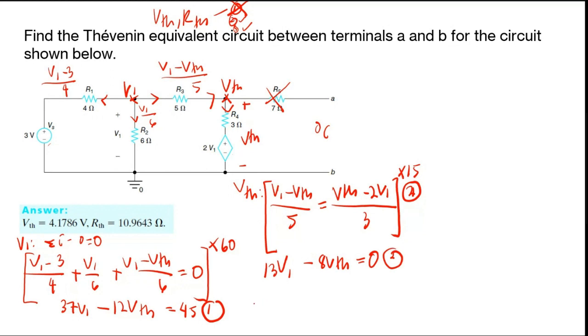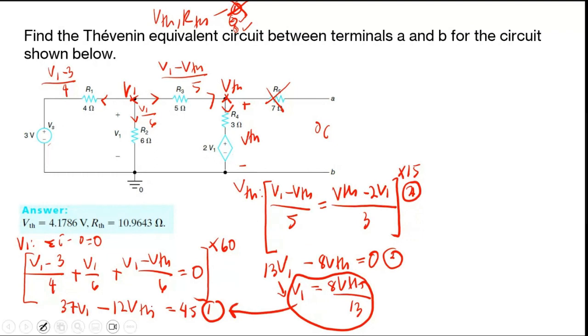For this one, it's easy if you just use the substitution method, where you can directly find the value for VTH. From here, you will get V1 equal to 8 VTH over 13. You can just substitute this equation into the first one, so directly you can get the value for VTH.